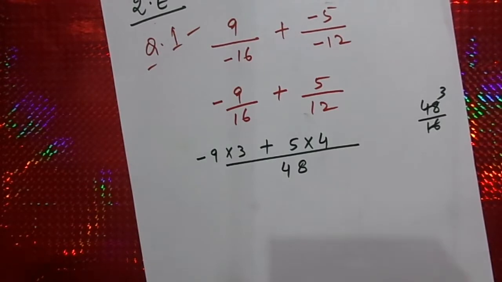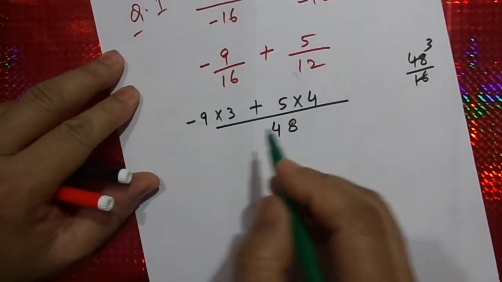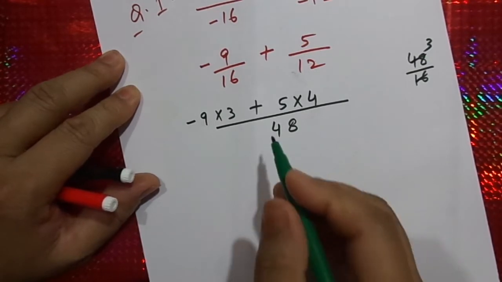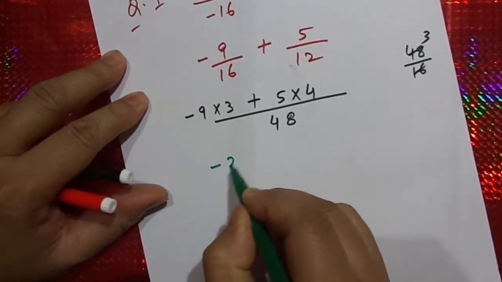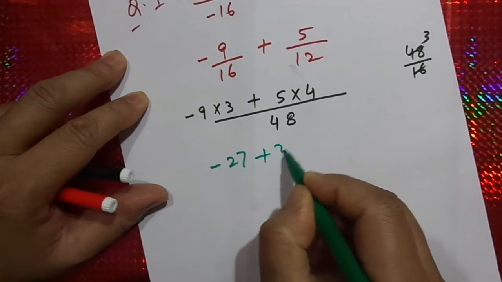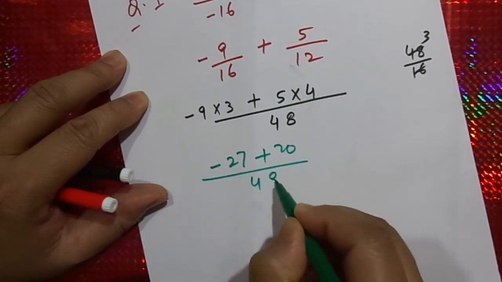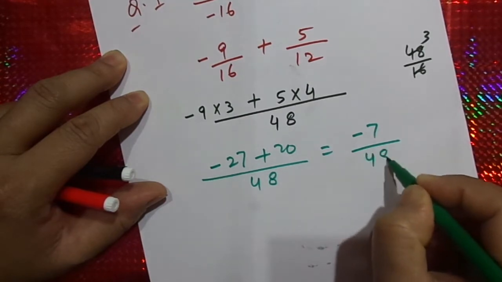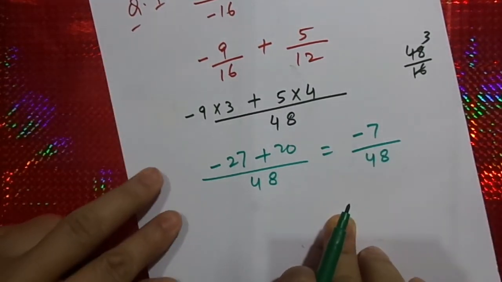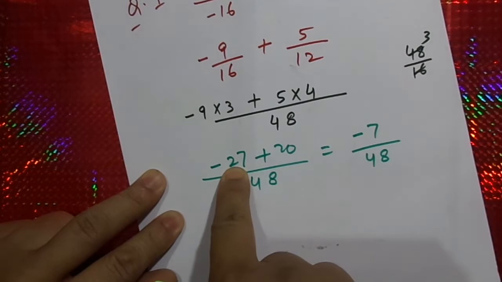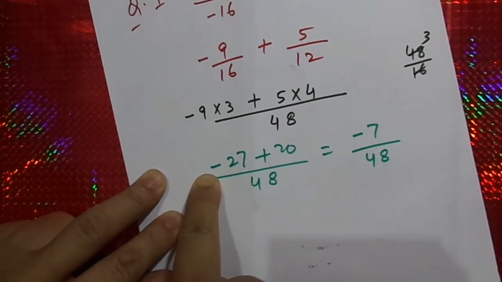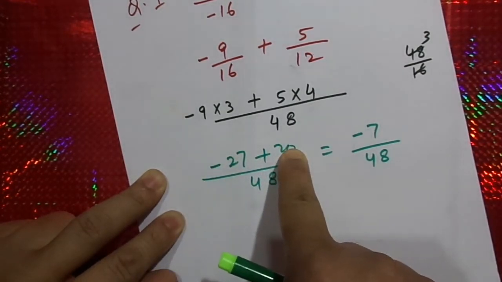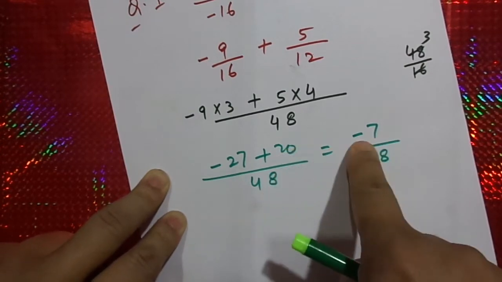Why? So that later on you will not get confused whenever you get stuck with the signs. So minus 27 plus 20 by 48 is equal to minus 7 by 48. As you can see, the bigger number has the negative sign, therefore after subtraction it will be minus.